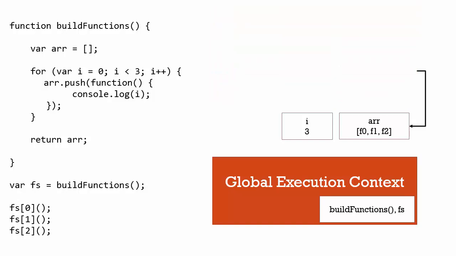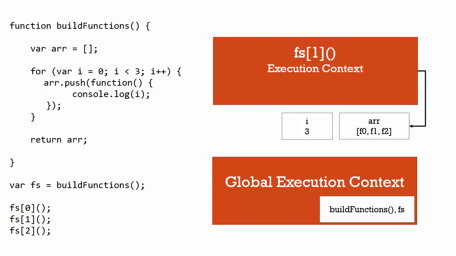And then it finishes. We move on to the next function, the next one inside the array, and an execution context is created. But that one has the same outer environment reference because it was created in the same place as the first function. Physically, it's sitting in the same spot inside the same function, buildFunctions.